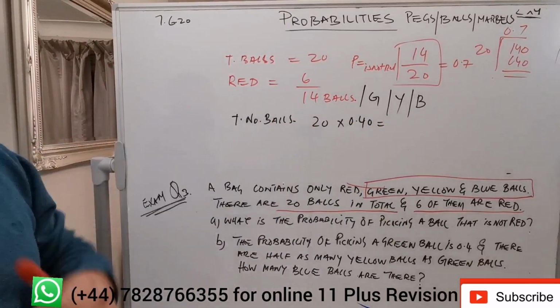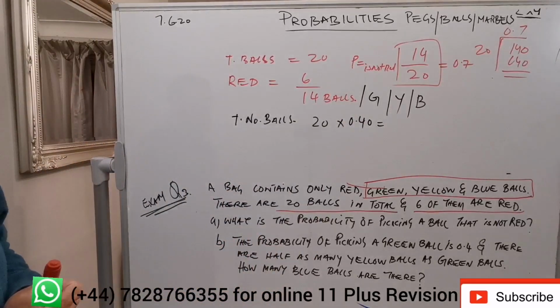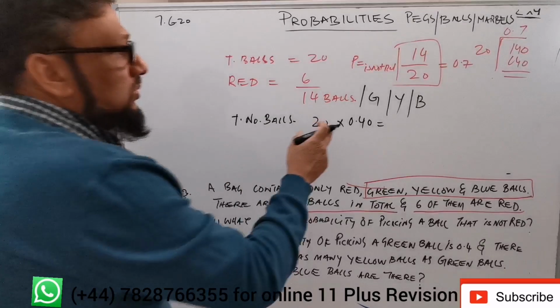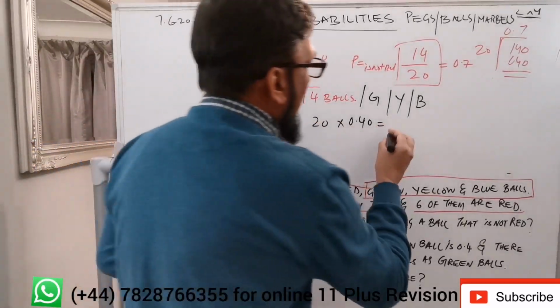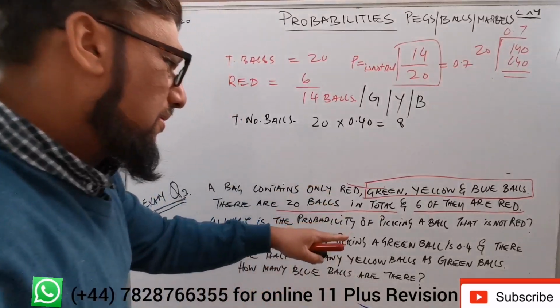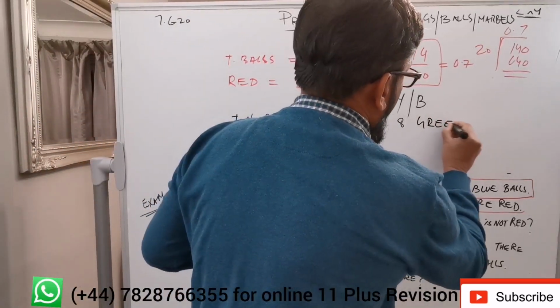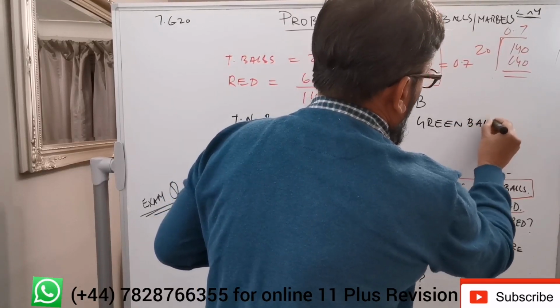So 0.4 means I multiply the total number of balls, 20, by 0.4. Or the easiest way is 40%. So 4 times 2 is 8. So the 8 will be green balls.